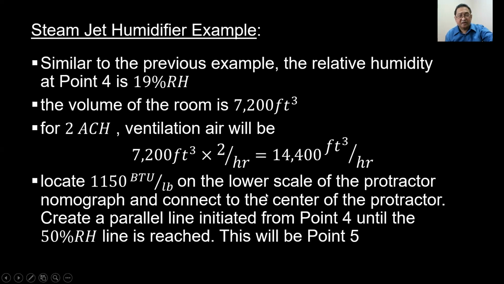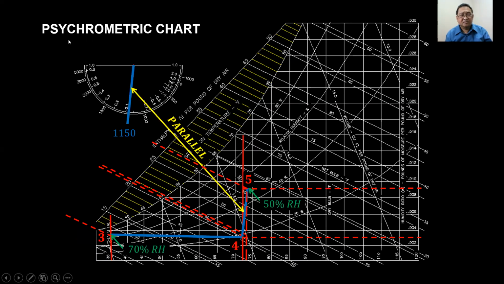This will be 0.5. I will show you. So we locate 1150 here, BTU per pound of dry air, connect to the center of the protractor, and draw a line parallel to this one, starting from 0.4. So we have this blue line here until we reach 50% RH. So this will be now your 0.5.